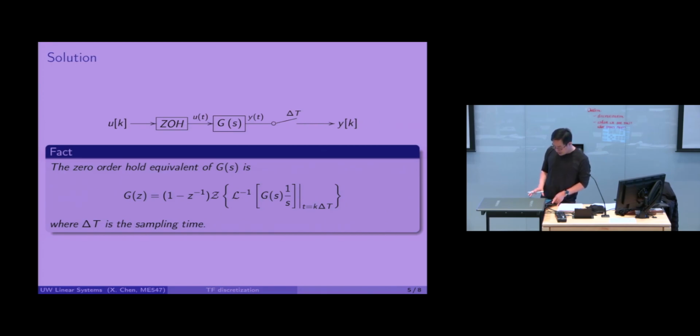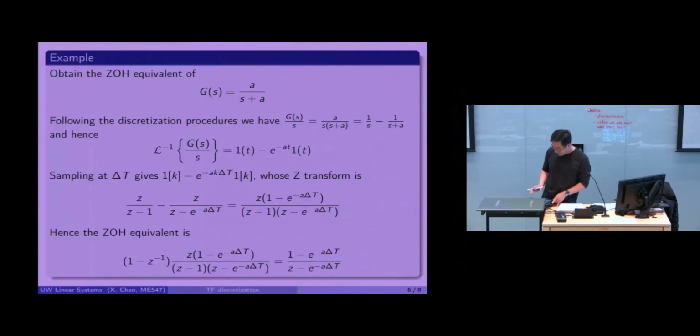Let's put this into practice. Let's take a look at a first-order system, A over S plus A. Following the procedure, we need to compute Gz. We need to compute a Z transform, and then we need to do an inverse Laplace transform.